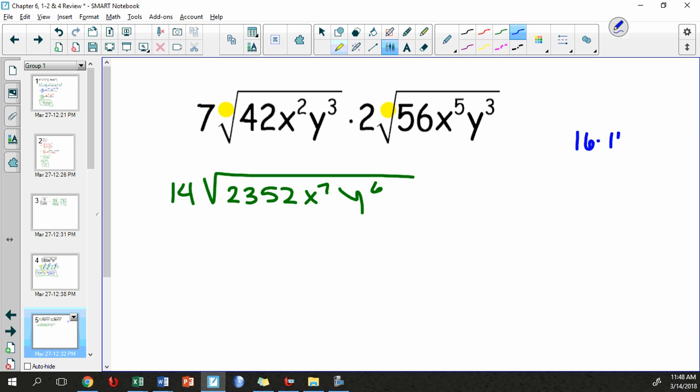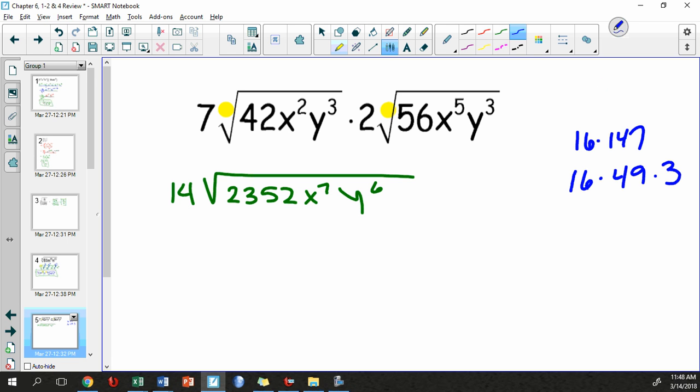So 16 times 147. Since it ends in a 7, what would we likely think it is divisible by? So if it's divisible by 7, could we try 7 squared, which is 49? So what is 147 divided by 49? 3. Do we all understand that?